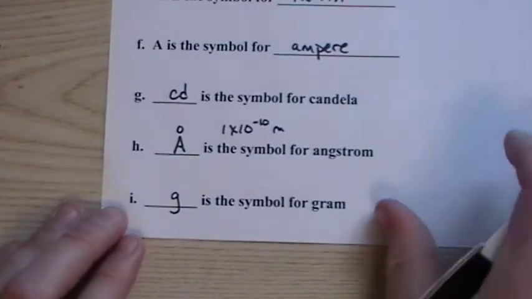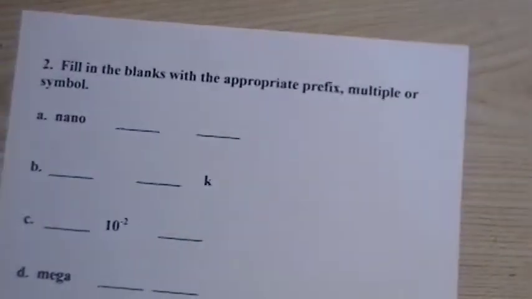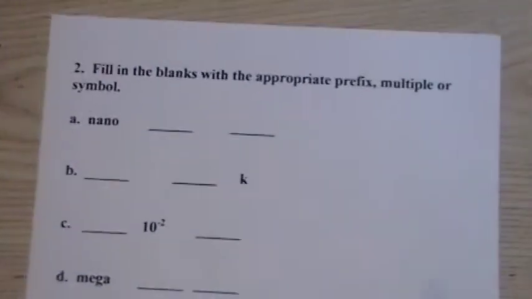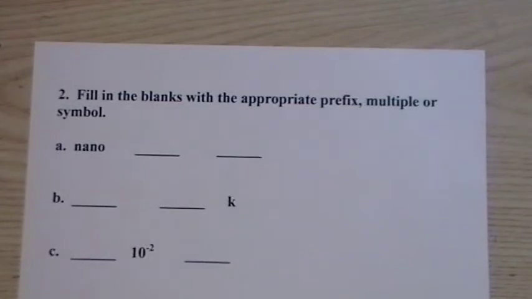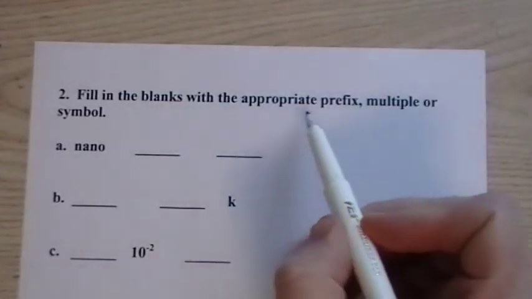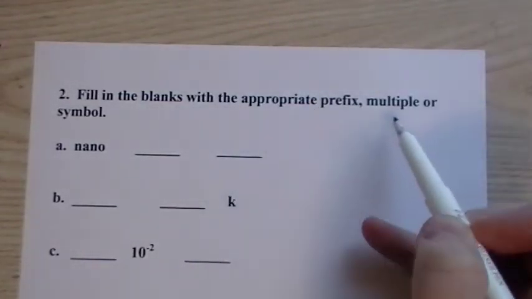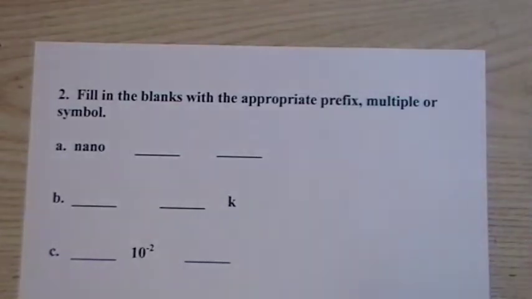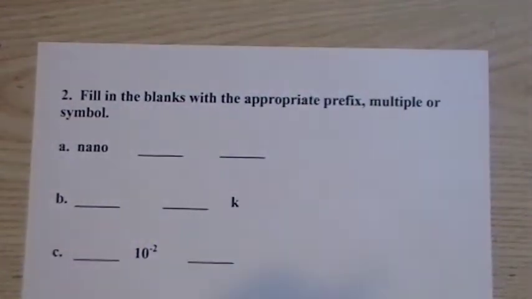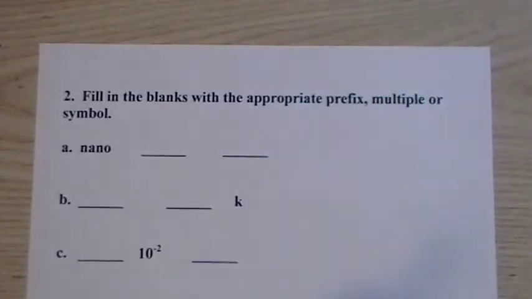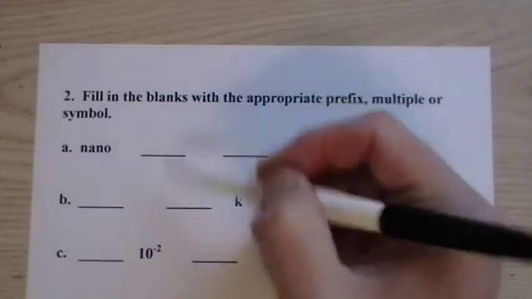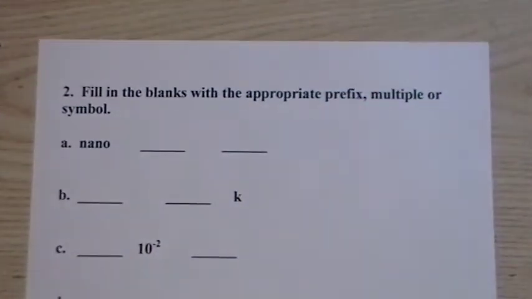And then the prefixes, a little bit more involved. What you have to fill in here is the appropriate prefix, the multiple, or the symbol. So we have the name of the prefix on the left. On the far right we'll have the symbol, and in the middle we'll have the power of 10 that is related to it.